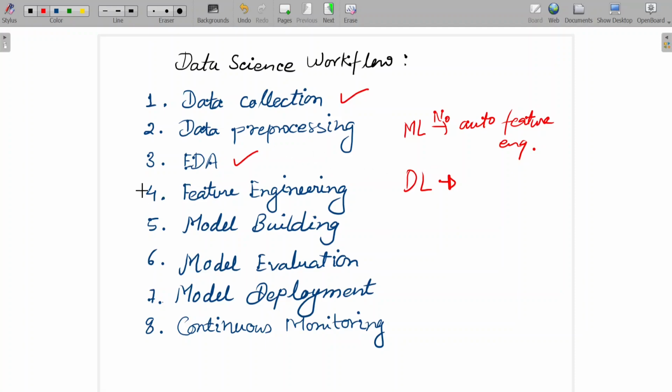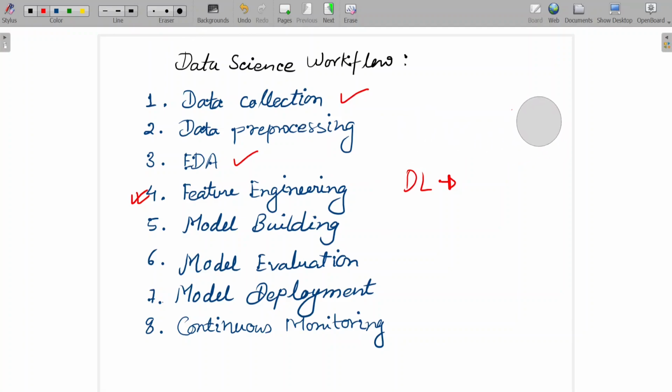So feature engineering is a very important topic, and whoever is able to create a new feature from their data, you can say that person is a really good data scientist.